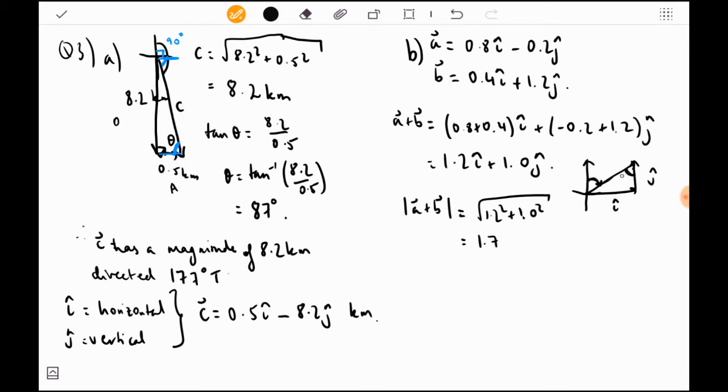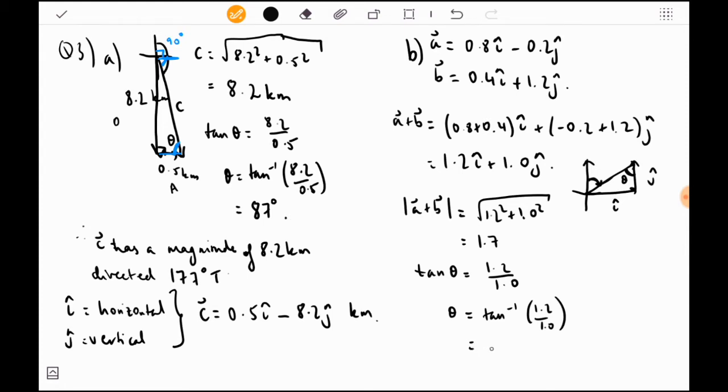So this angle here, which I'll call theta, you can see is equal to tan of the I component over the J component. So tan theta is equal to 1.2 over 1.0. So that means the angle itself is equal to the inverse tan of 1.2 over 1.0.